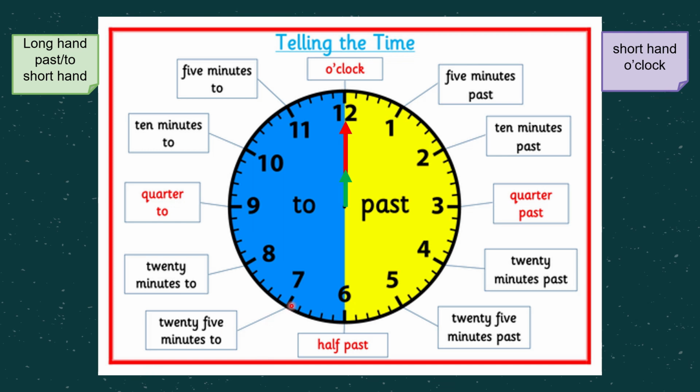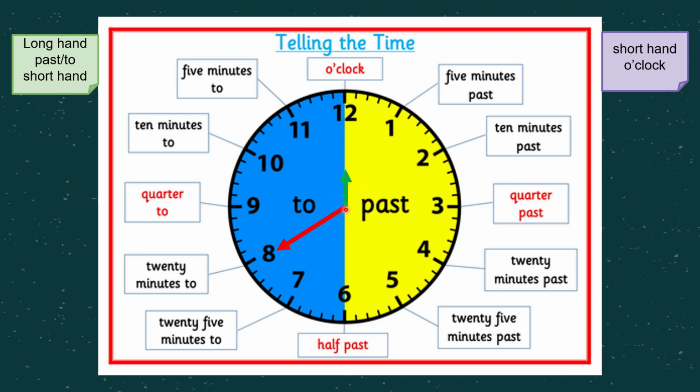The first example, in this case, as the longhand is pointing to o'clock, we will be using this formula. So this is 12 o'clock. Next example. Now, the longhand is pointing to 20 minutes to.